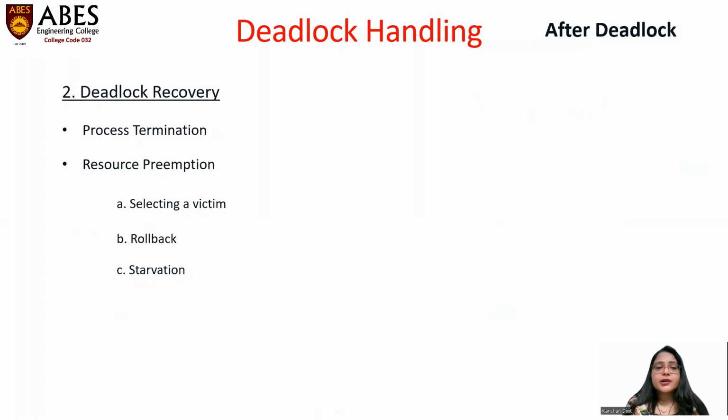Now, what is deadlock recovery or recovery from deadlock? So there are total two possible methods. The first one is the process termination and the second is the resource preemption. The process termination says that we have to abort one process at a time so that the processes could execute.